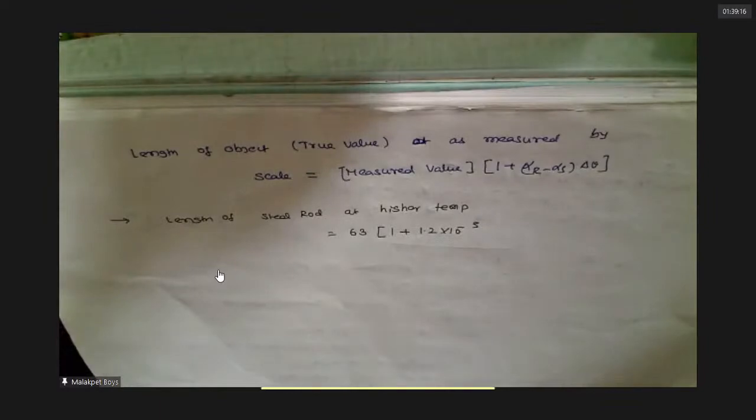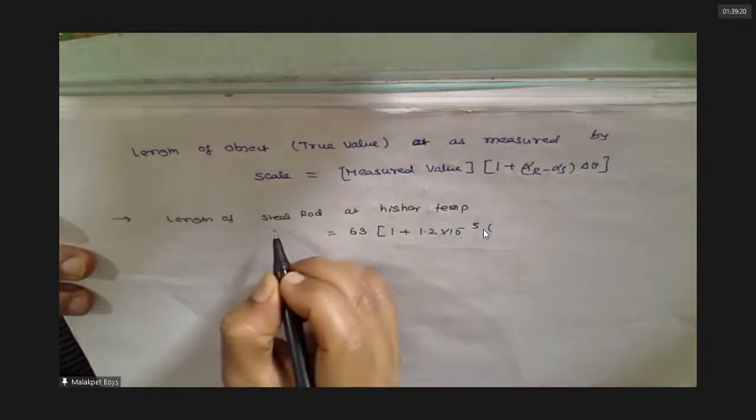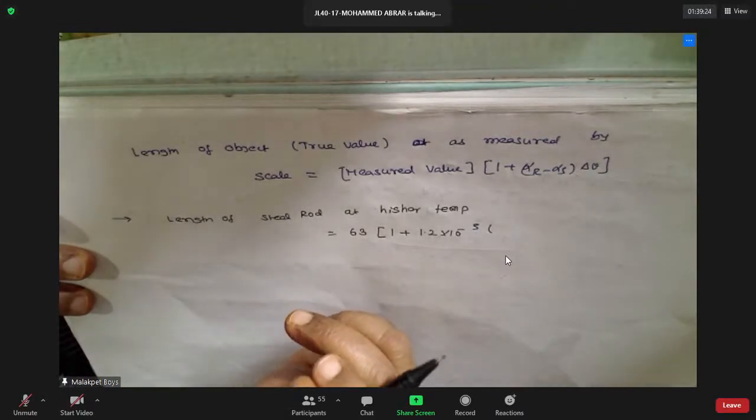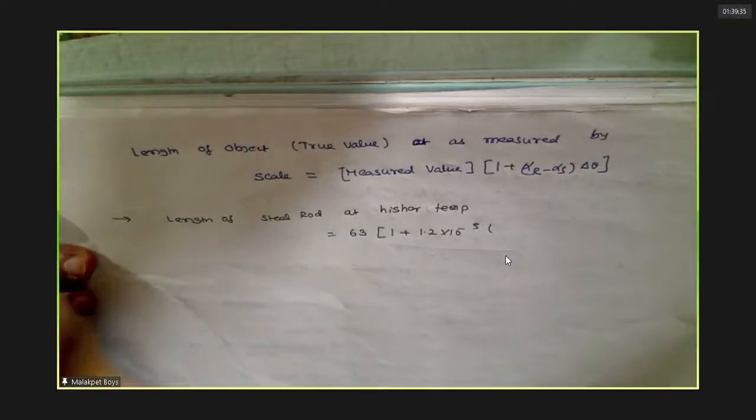Steel tape is 1 meter long, sir. Steel rod is correct one is 63. A steel tape 1 meter long is correctly calibrated.